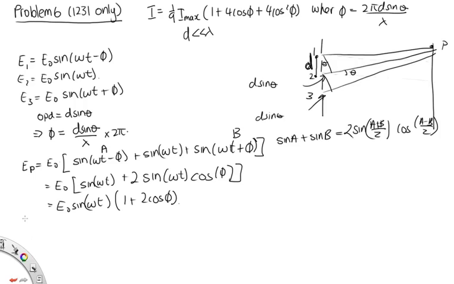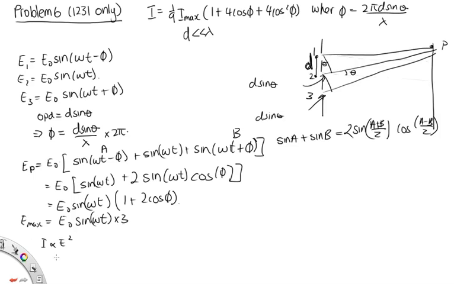And so the maximum value, E max, will equal E naught sine omega t times 3, because the maximum value this can have is 3. Now what we're asked about is the intensity, and the intensity is proportional to the electric field squared.